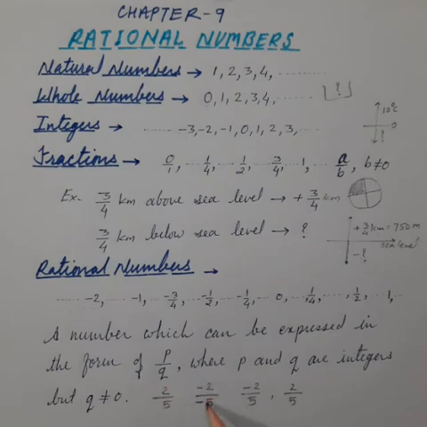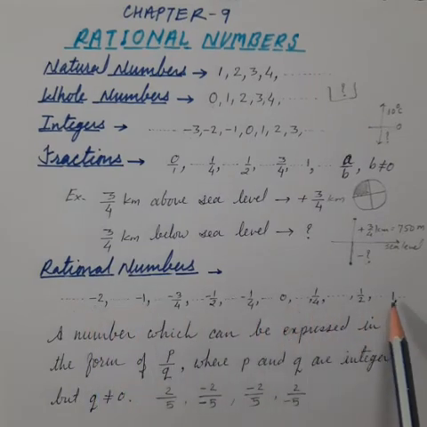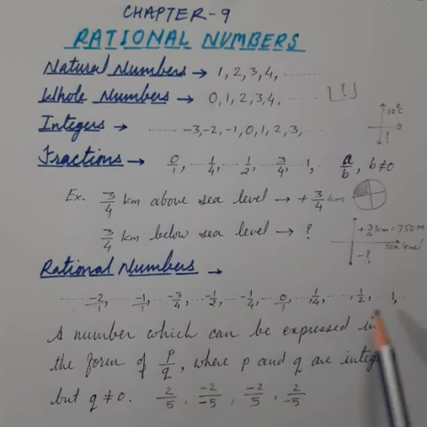Both numerator and denominator may be negative integers. Only the numerator may be negative or only the denominator may be negative. All these are rational numbers. All integers can be written as rational numbers by writing their denominators as 1.